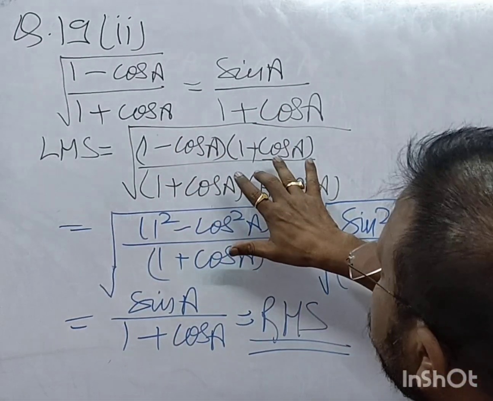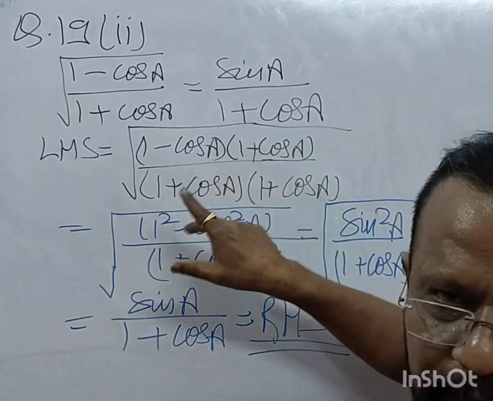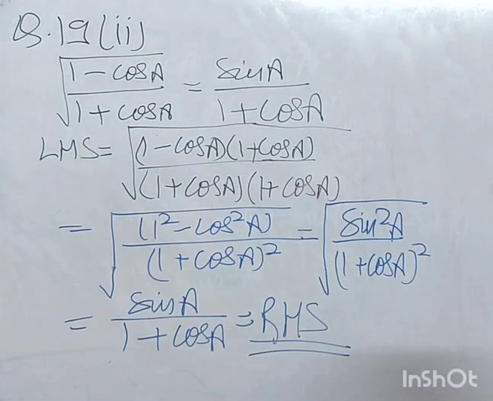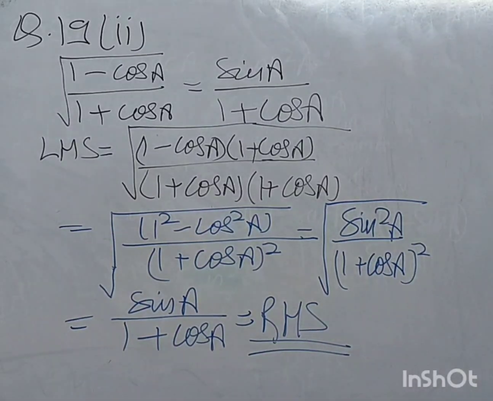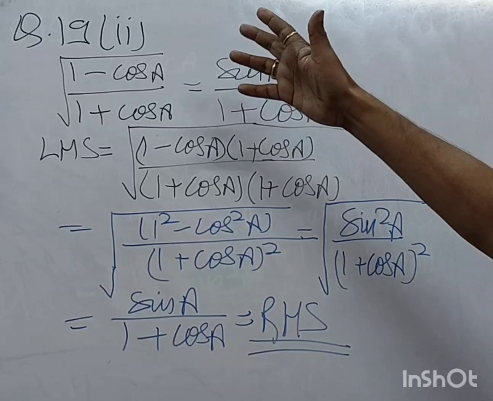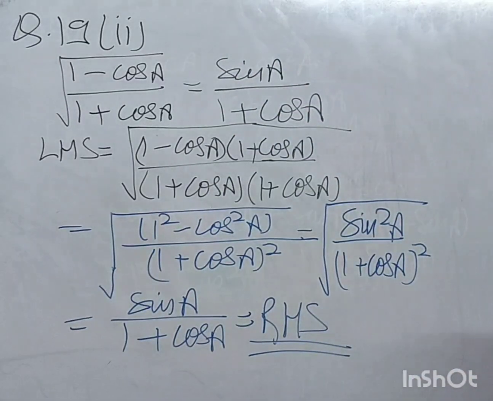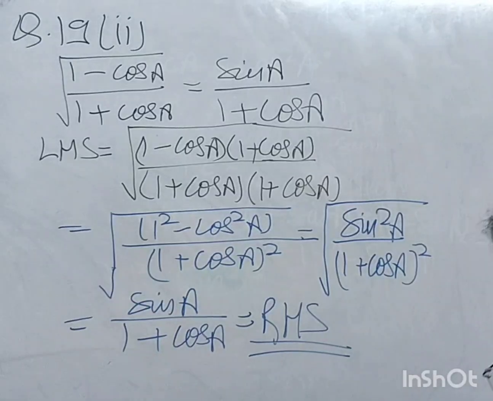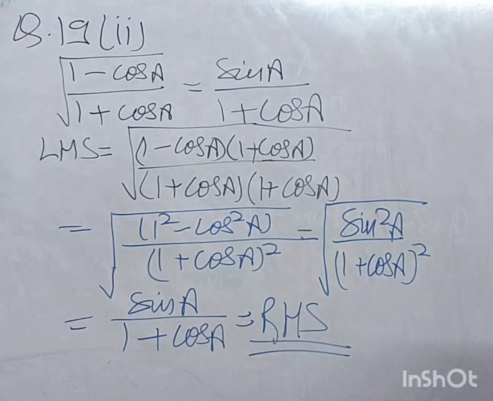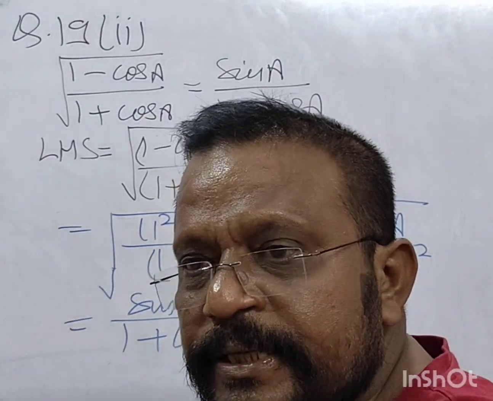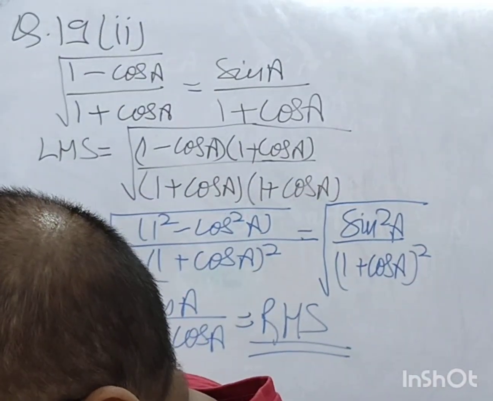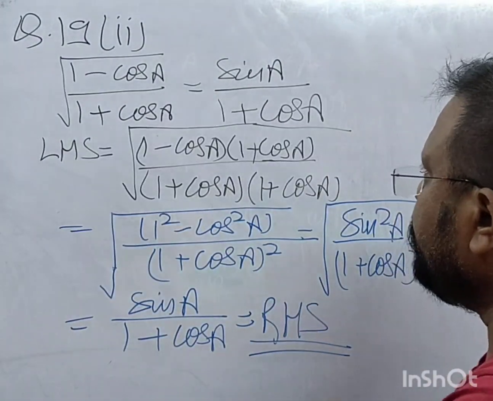We multiplied by 1 plus cos A, otherwise we usually multiply 1 minus cos A upon 1 minus cos A, but as per what we need in RHS, we can shift things a little bit. What next? You done this? Very fast. Question 18, should I rub?